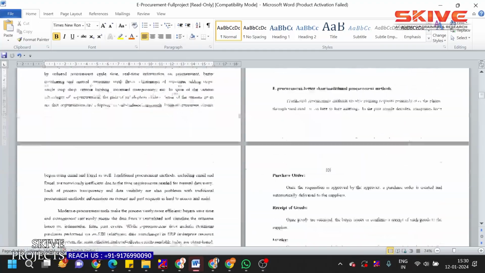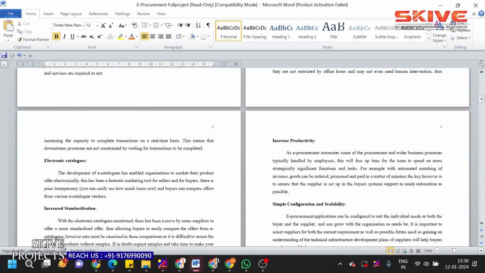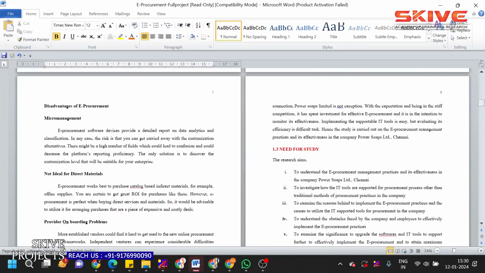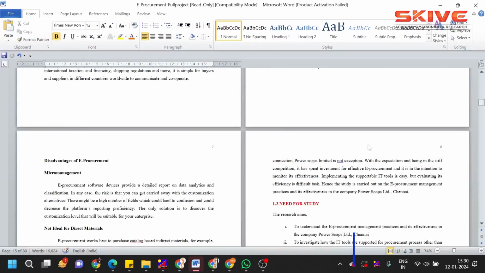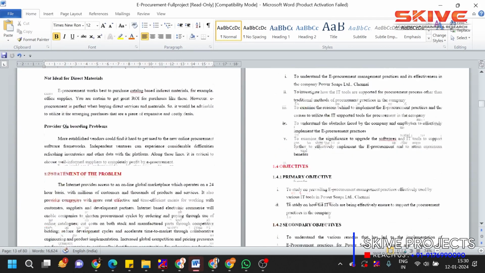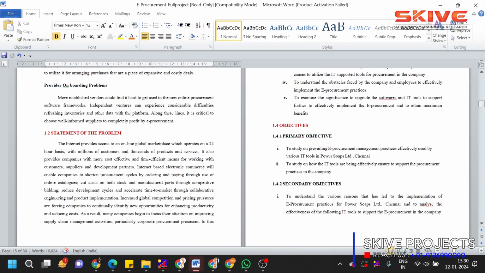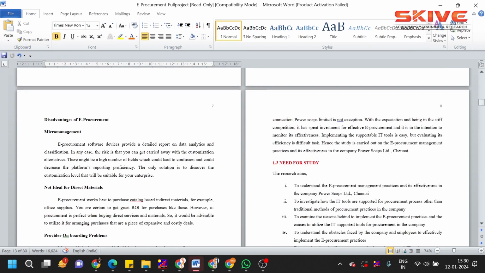And you can see the content, and chapter 1.2 includes the statement of the problem. Here the problems that affect procurement are mentioned.